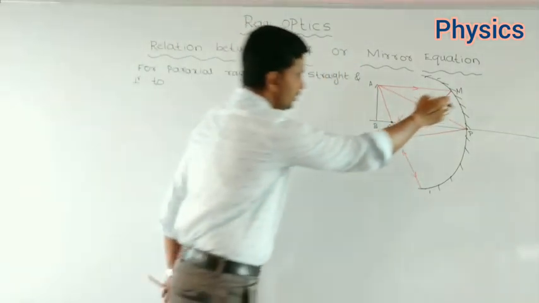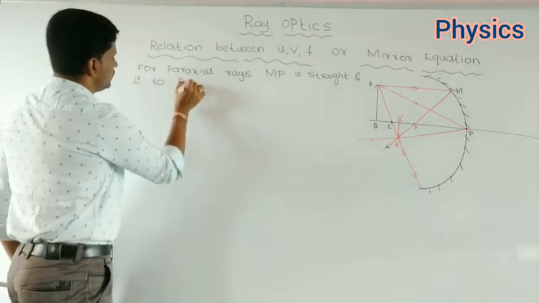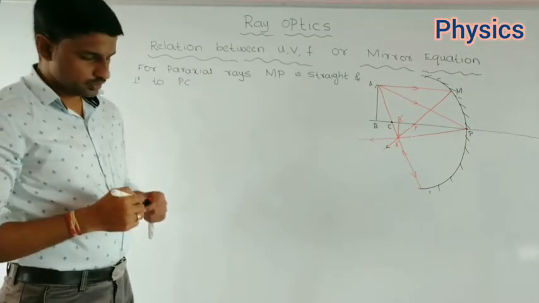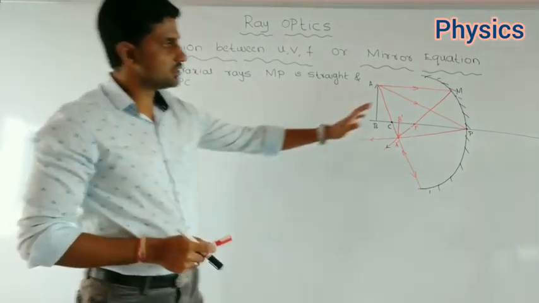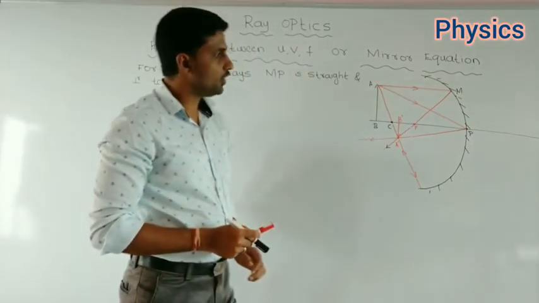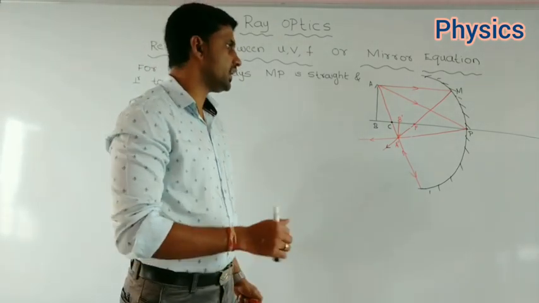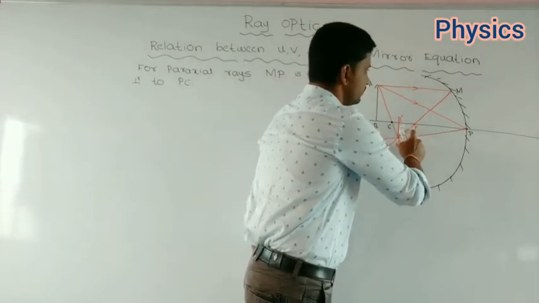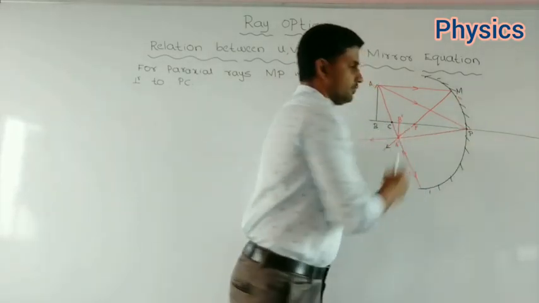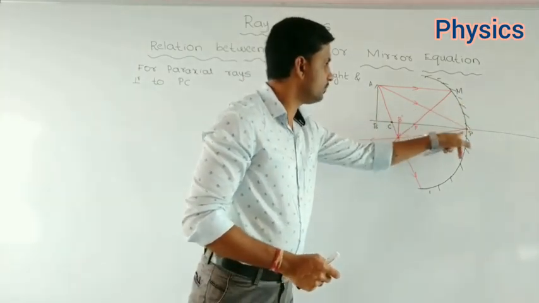If you observe here, MP is exactly perpendicular to PC. So this is the consideration. Next, from this diagram, I am going to take two right angle triangles here, A'B'F and MPF. These are two right angle triangles, A'B'F and MPF.